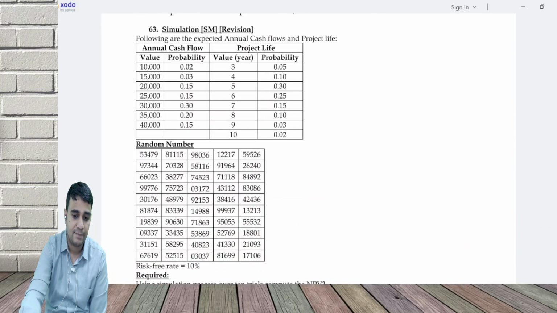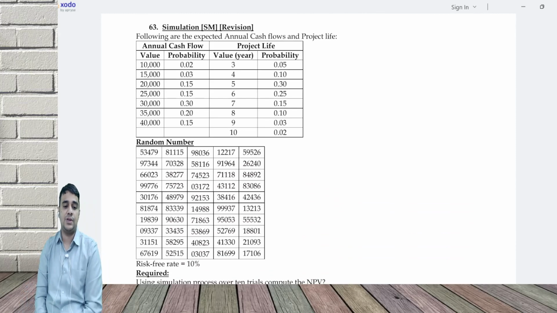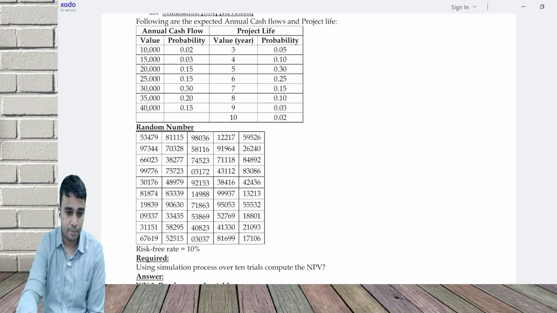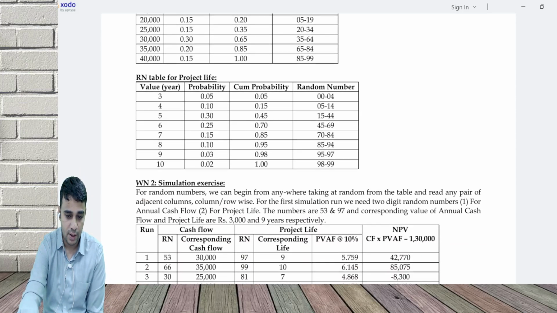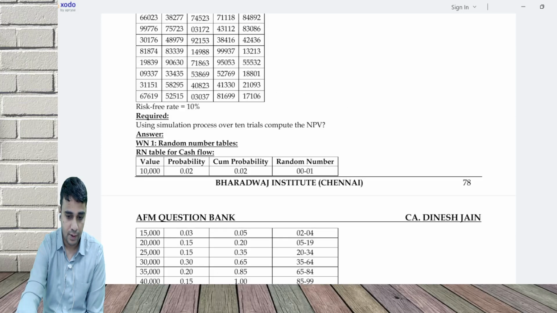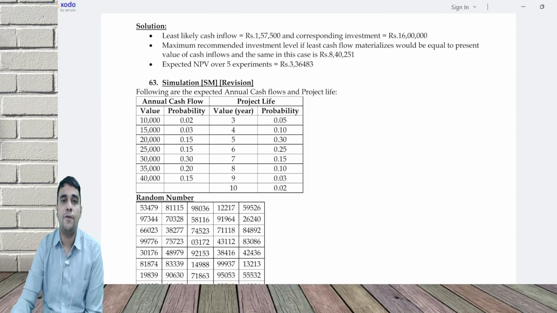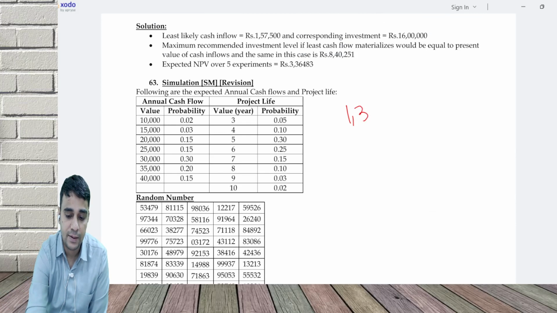It's an easier example. Let's do 63. Just give me a minute. Add cost of project is 1,30,000. That got missed there. Cost of project is 1,30,000.